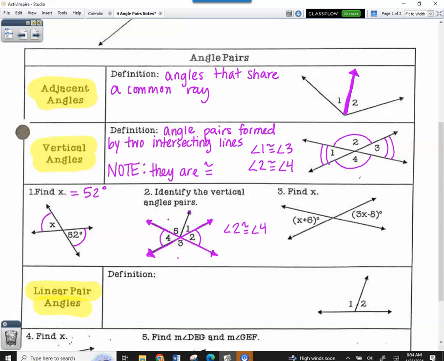Look at the picture. We have two straight lines. So the vertical angles would be back-to-back angles. They're congruent, which tells me those must be equal, which tells me how to set it up. That x plus 6 has to equal 3x minus 8. And then you would solve that. Solve that and see if you get 7.